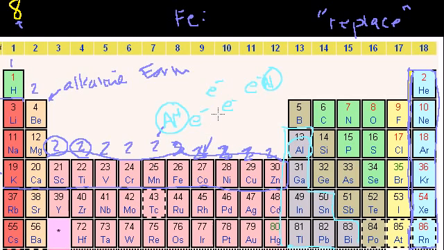And in order to have electrons moving, you have to have surplus electrons lying around. So elements right around this area are really good conductors. In fact, silver is the best conductor. Silver right here is the best conductor on the planet. And the reason why it's not used for our wiring, and copper is, is because copper is easier to find than silver. But silver is the best conductor.